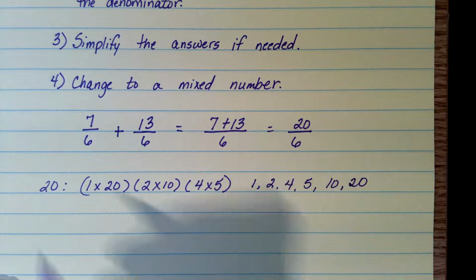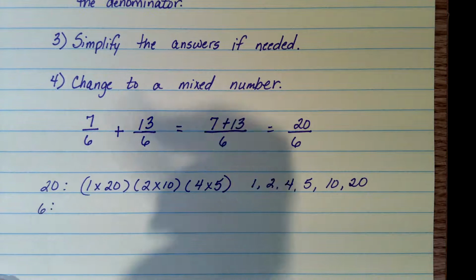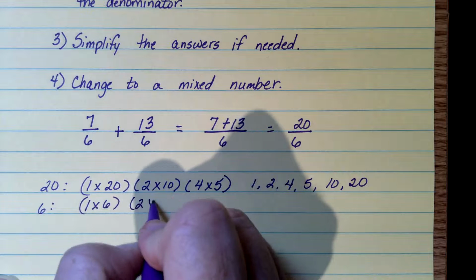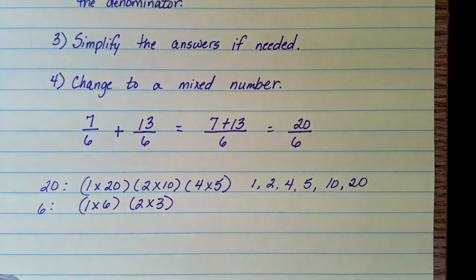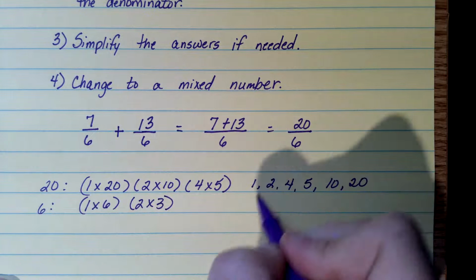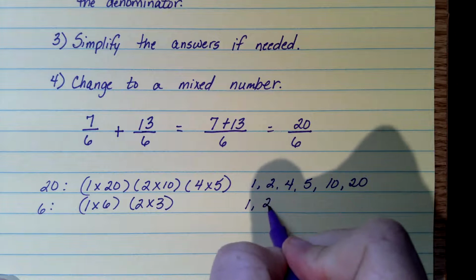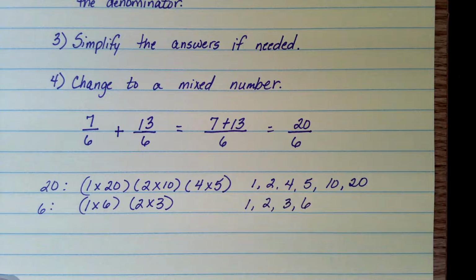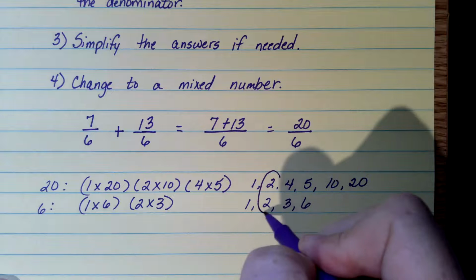Then I'm going to do the same thing for 6. I know that 1 times 6 is 6, and I know that 2 times 3 is 6, and then I begin to repeat. So I have 1, 2, 3, and 6. The greatest common factor between 20 and 6 is 2.